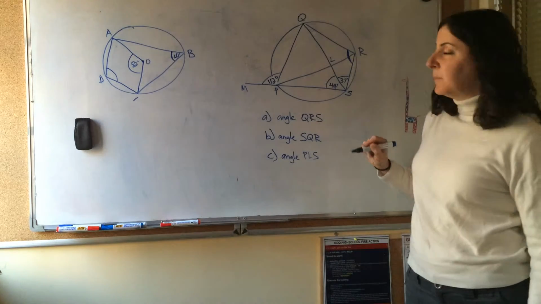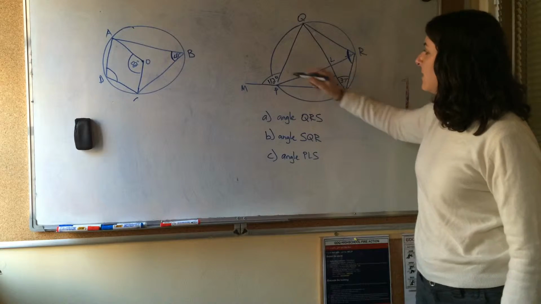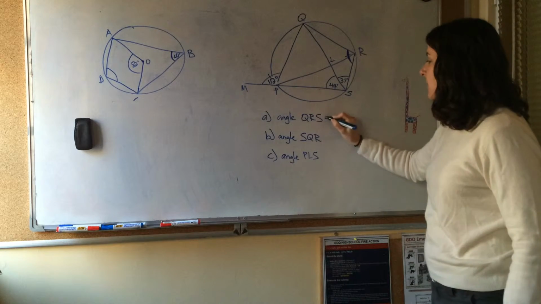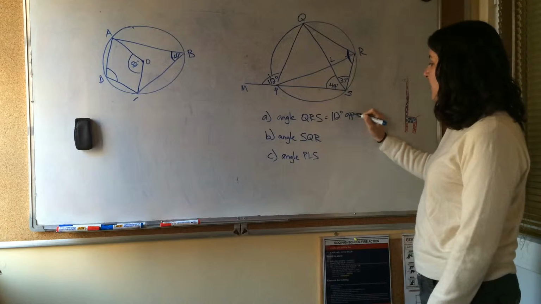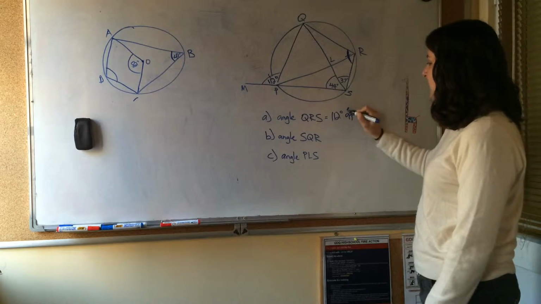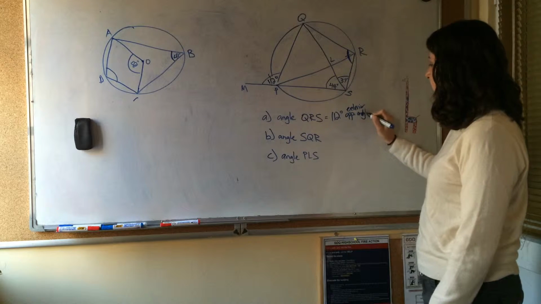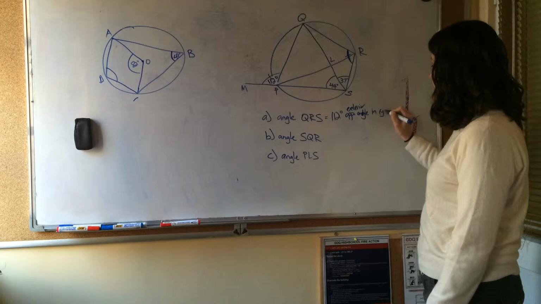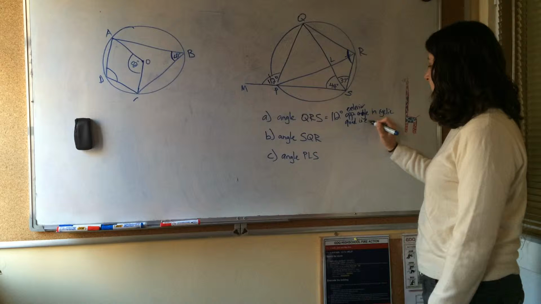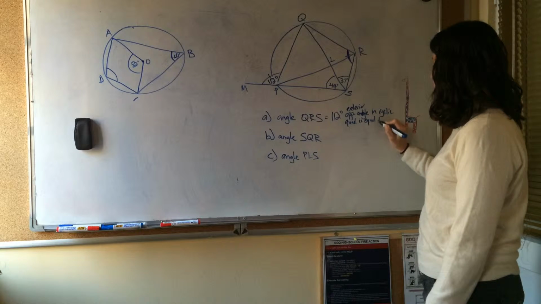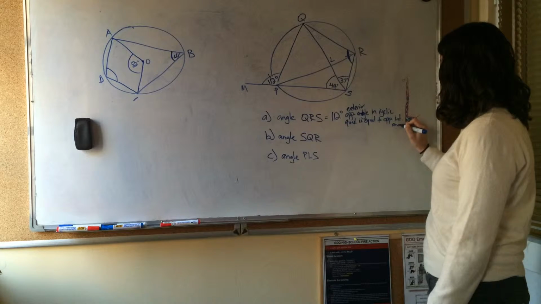Again, based on property 4, we know that this angle is going to be equal to this angle. So this is going to be 112 because the exterior angle in a cyclic quadrilateral is equal to the opposite interior angle.